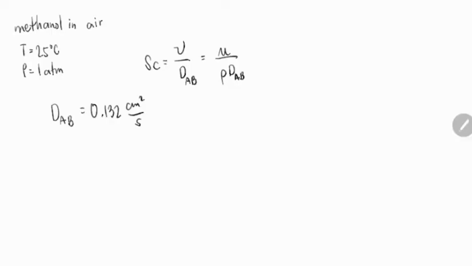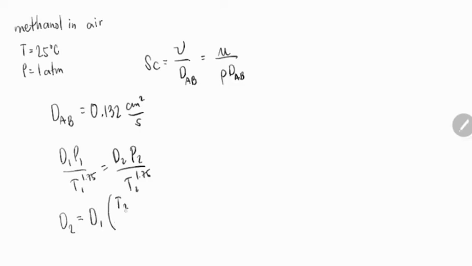If you'll recall, our adjustment formula is D1P1 over T1 raised to 1.75 is equal to D2P2 over T2 raised to 1.75. Since pressure is the same, it's 1 atmosphere, our conversion equation will become D2 is equal to D1 multiplied by the ratio T2 over T1 raised to 1.75.